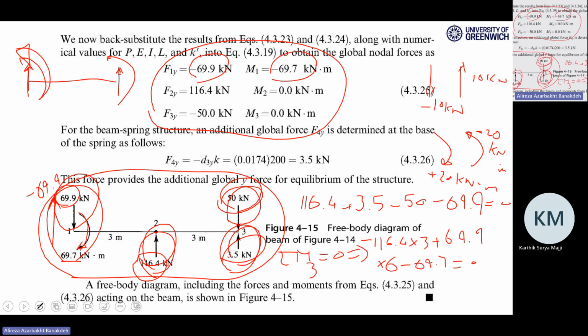I don't calculate it, but you can give it a shot. It should be 0. So if they are 0, it means that you didn't have any error in your calculation. The equilibrium equations are satisfied based on these obtained results.